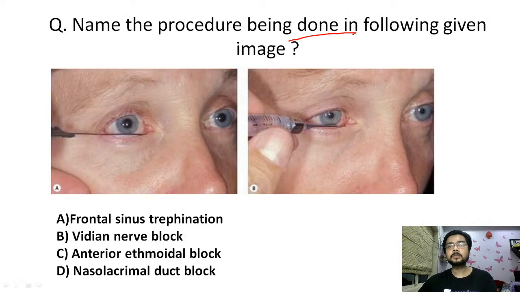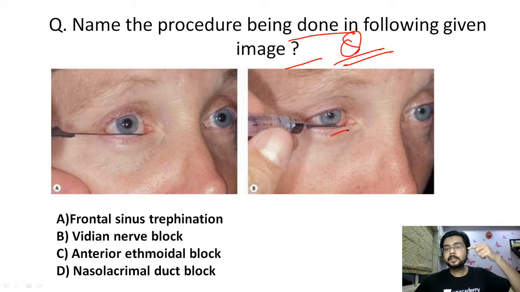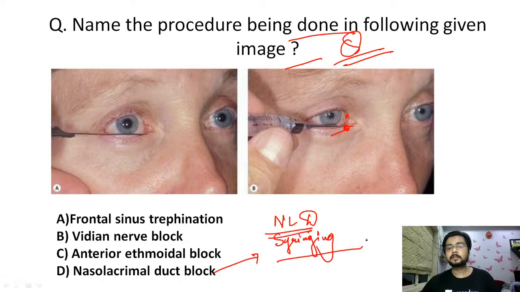Also one more question, one last question, where a picture was given and a syringe was being put in the lacrimal puncta. They asked what the procedure being done is. So it is basically a nasolacrimal duct block test, and what they are doing is nasolacrimal duct syringing, right?